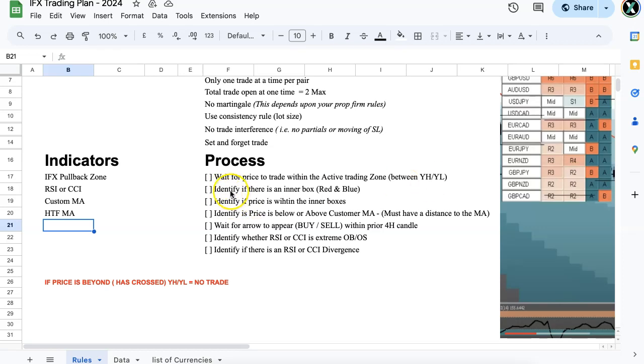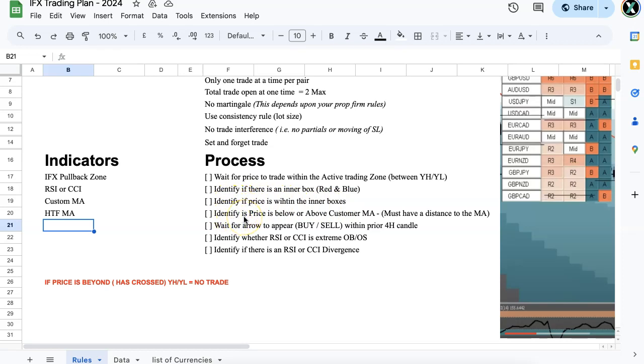Now we have the red and the blue boxes, which are taking prior day's highs and prior day's lows. We have to make sure that we're in between those boxes or inside a box, but not above all of them. Then, again, I'm going to show you examples so you can understand. So we are within the inner boxes in here.